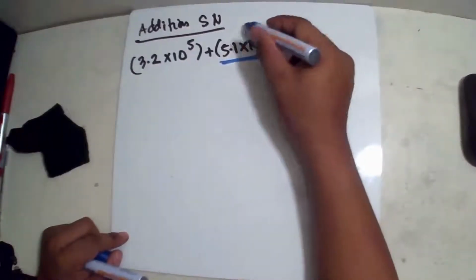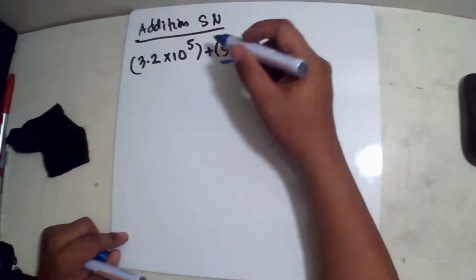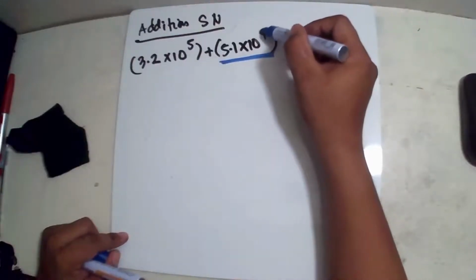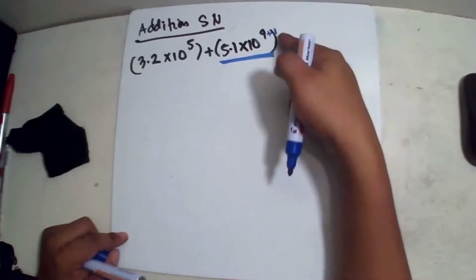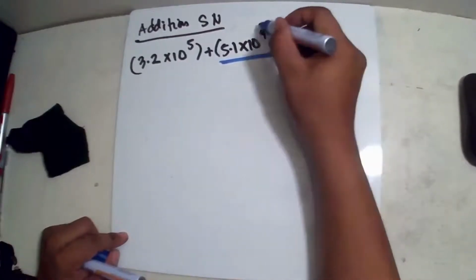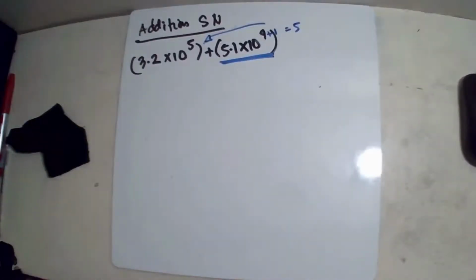So we will be manipulating this one so that we could add one to the exponent to make it 5, so that this will be similar to the first term. Okay, to do that, it's very simple.